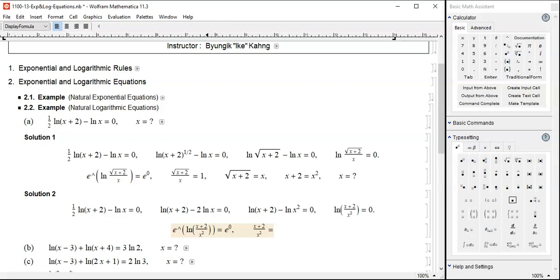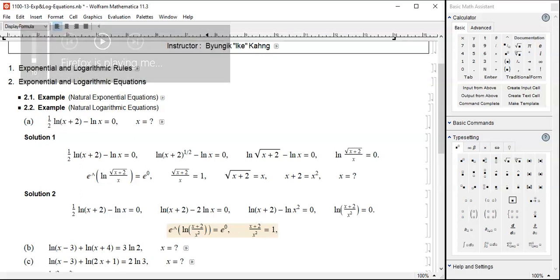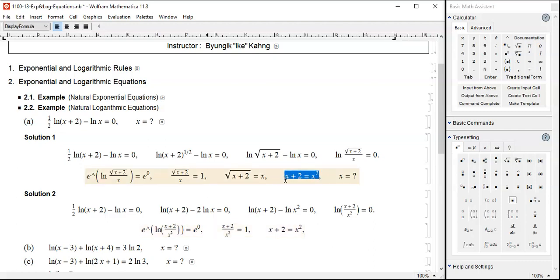And exponential of 0 is 1, so we get that. Flipping this denominator to the other side, we get x plus 2 is equal to x squared. Same equation as before, but we didn't have to deal with square root and all, so this is a little bit better, at least in my opinion.